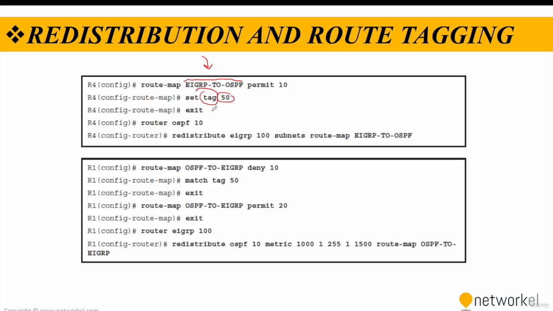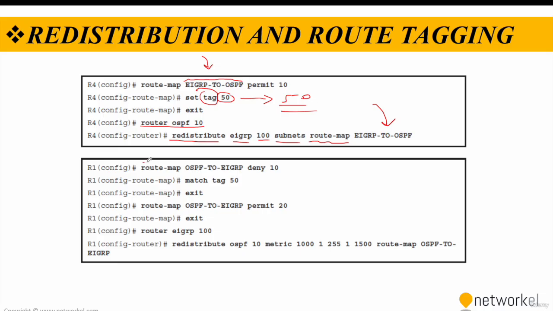Then I go to my OSPF configuration and I am redistributing EIGRP 100 subnets with route map EIGRP to OSPF. This configuration basically means when I'm redistributing routes from EIGRP to my OSPF domain, tag them with a value of 50.